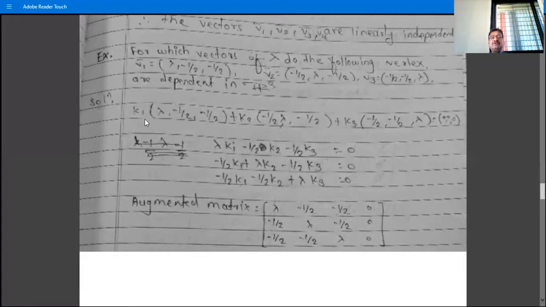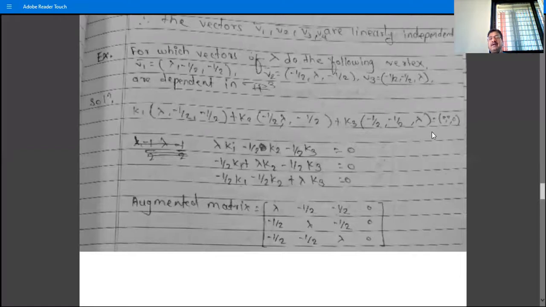Then apply the definition of scalar multiplication and vector addition: multiply K1, K2, K3 to each component, and then add the corresponding components in R3.